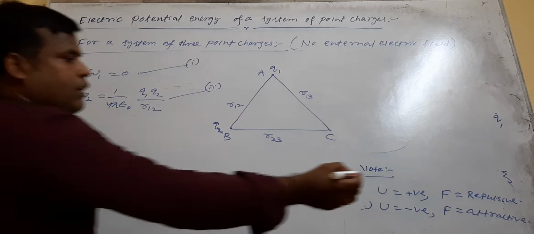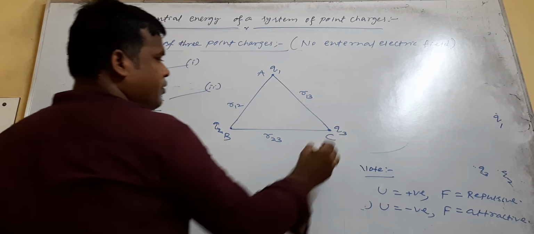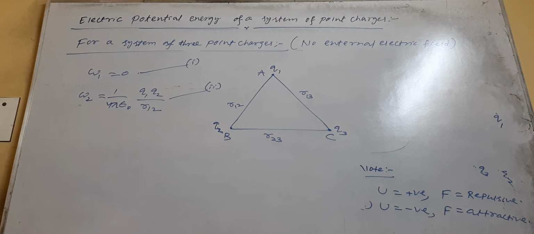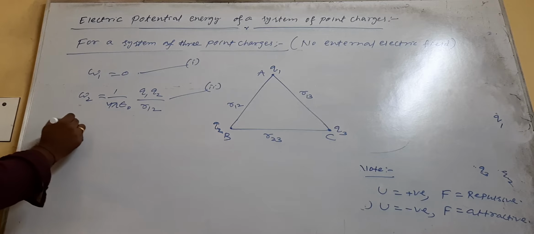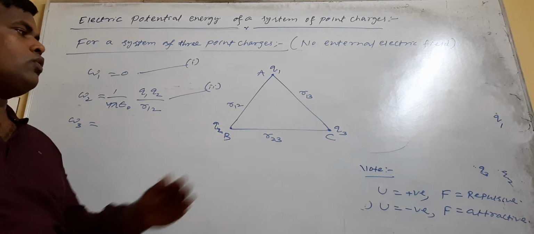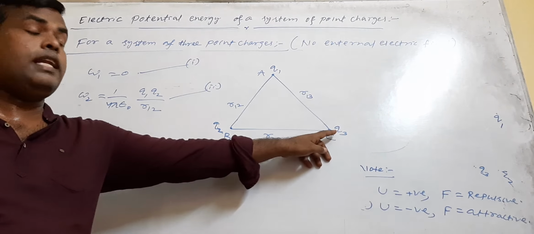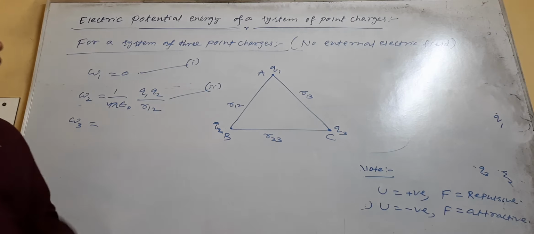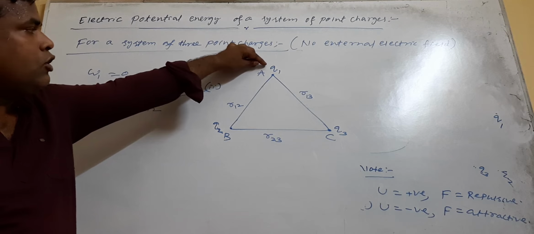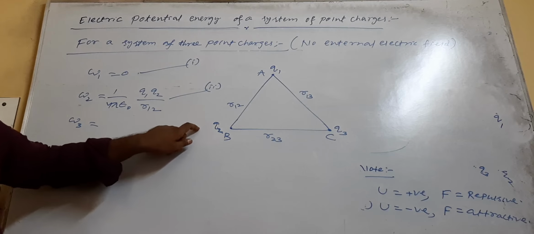When you bring the Q3 charge from infinity to this point, what is the amount of work done? W3: there is no external electric field, so work is not done against an external electric field, but work has to be done against the electrostatic force experienced due to this charge and this charge.